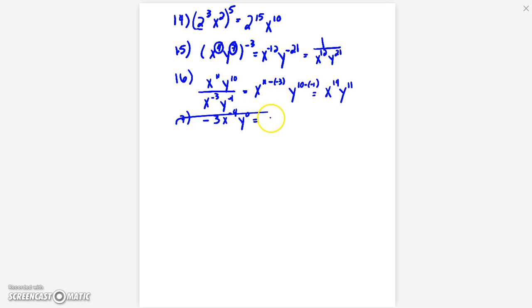So I'm going to rewrite this as negative 3x to the negative 4th times 1. Anything times 1 is just itself. So that's just going to be negative 3x to the negative 4th. You could rewrite it, put that x to the negative 4th on the denominator, as negative 3 over x to the positive 4th.